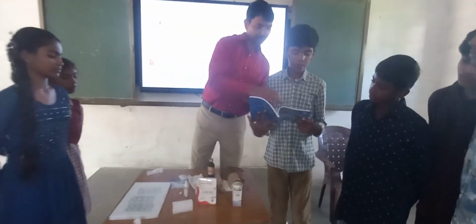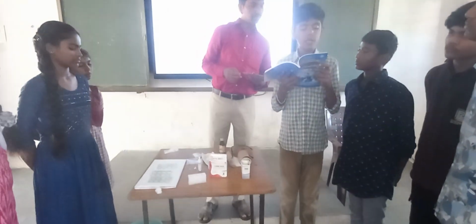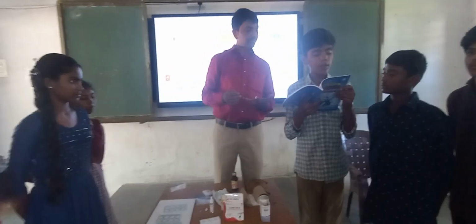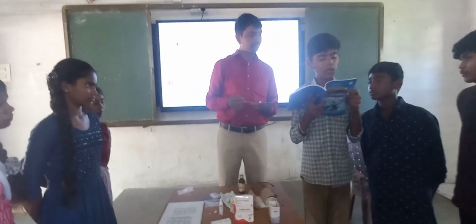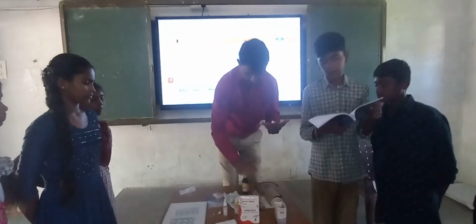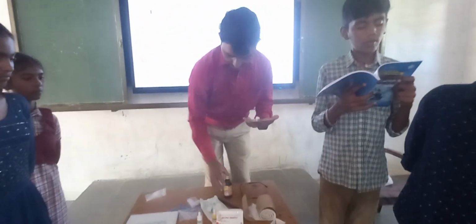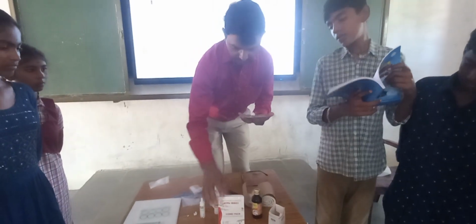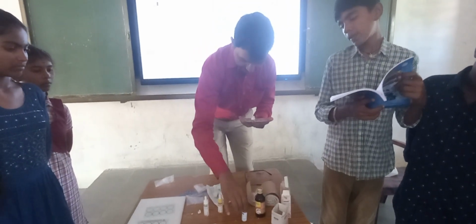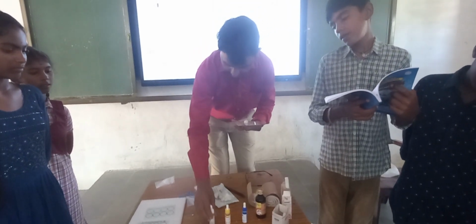Procedure. A, preparation and sampling. Set up the work area with all required materials. See, we require lancets, cotton, alcohol, and monoclonal antibodies anti-A, anti-B and anti-D.